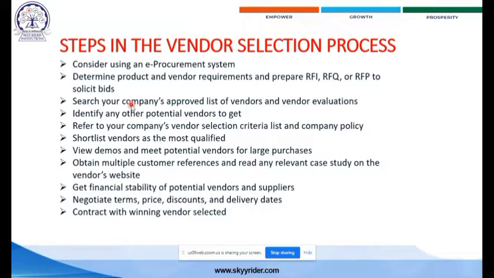Identify any other potential vendor, refer to your company relations, the company vendor selection criteria list, and company policy, and they will shortlist the vendor as the most qualified, who has the most knowledge about these vehicles. So these things are very required. And view demos, and meet potential vendors and vendors for large purchases.